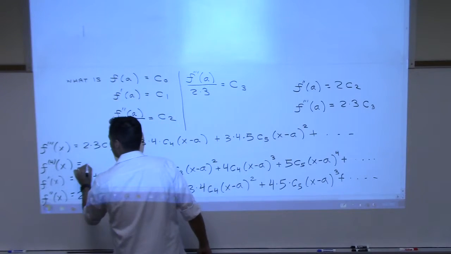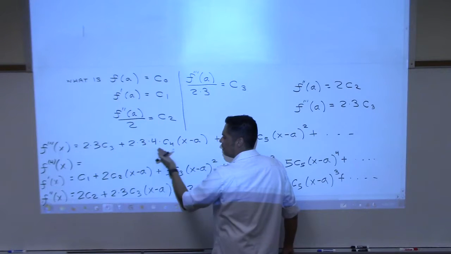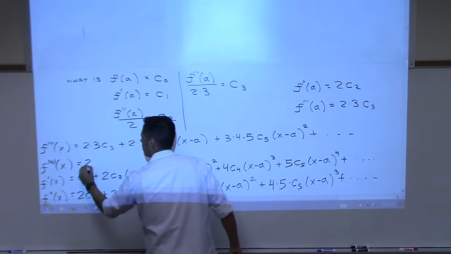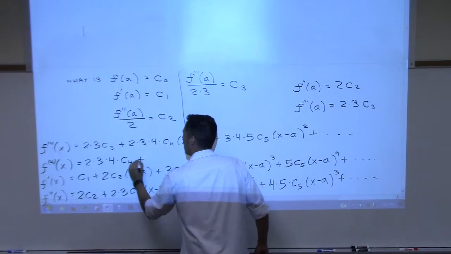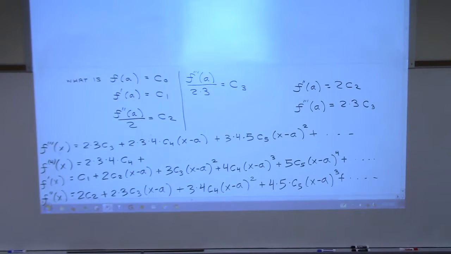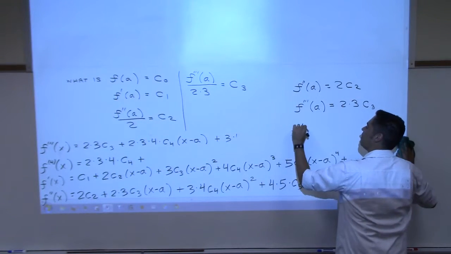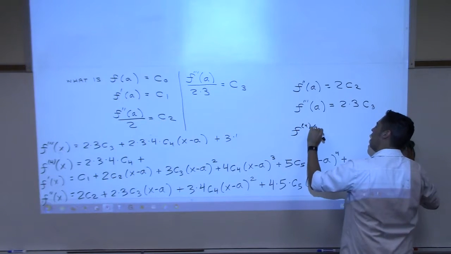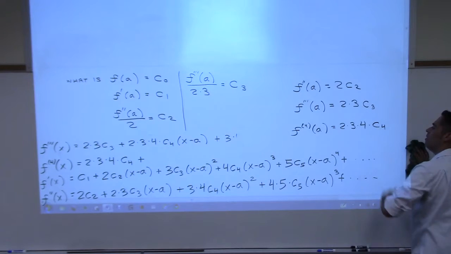So when I do my 4th derivative, this goes away. What do I have? This right here, right? 2 times 3 times 4 times c sub 4 plus, and then I'm going to have more stuff, right? I'm not going to write any more down. So my 4th derivative at a should be 2 times 3 times 4 times c sub 4.